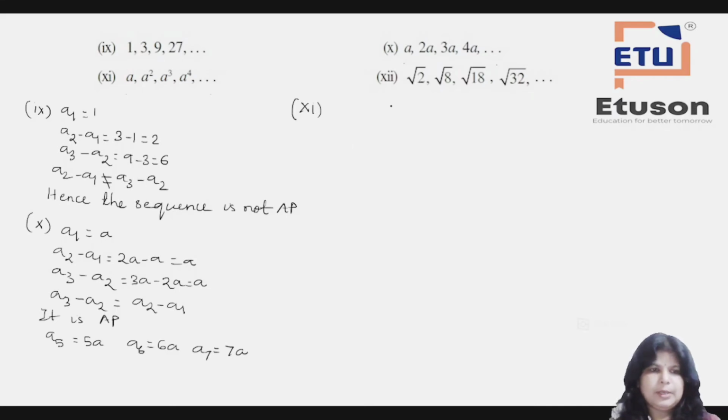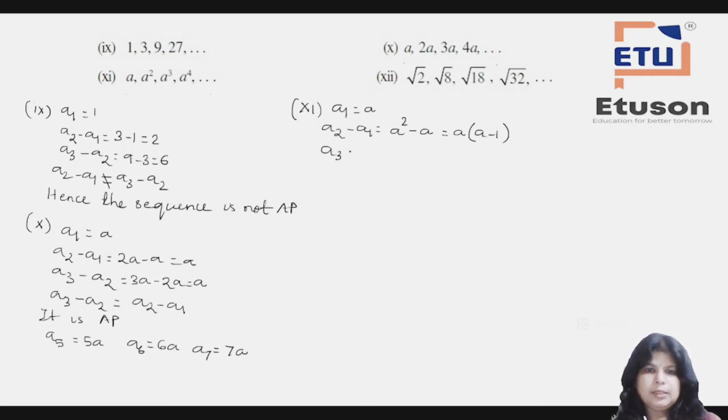Now it is bit 11. So you have A1 is equal to A, A2 minus A1 is equal to A square minus A. That means if you take A common, it is A into A minus 1.